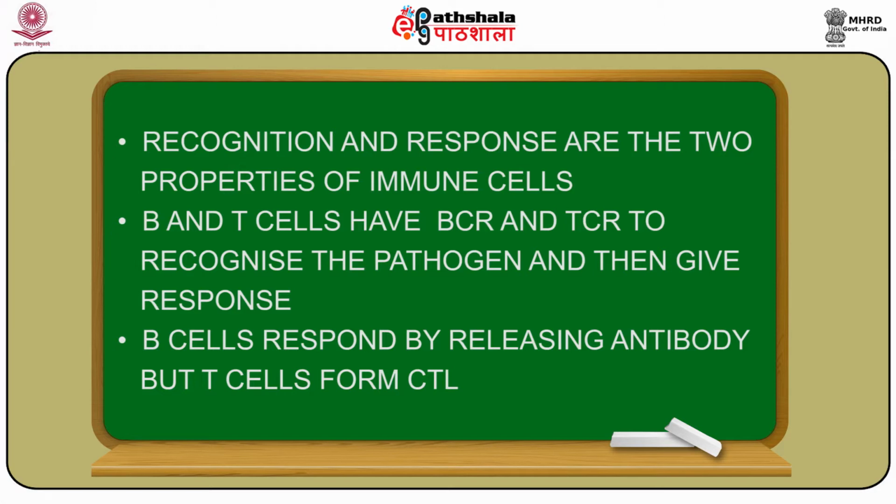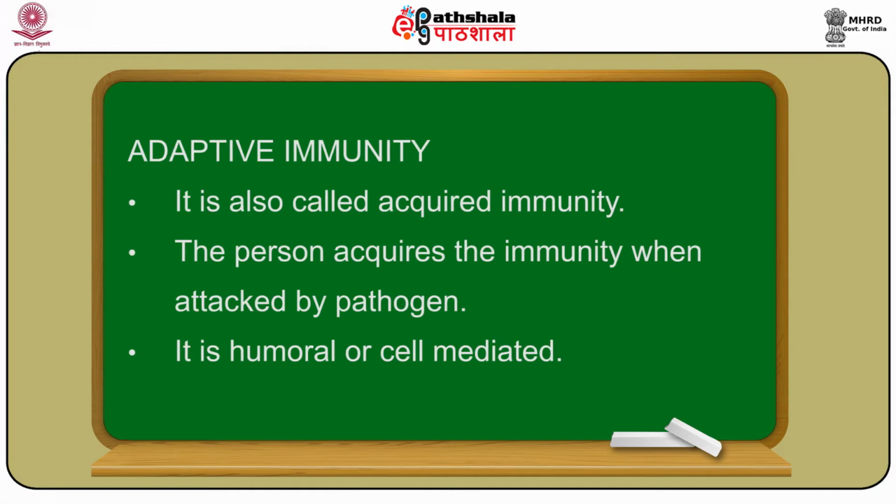Adaptive immunity is also called acquired immunity. The person acquires the immunity when attacked by a pathogen. It tackles intracellular and extracellular antigens by humoral or cell-mediated mechanisms.